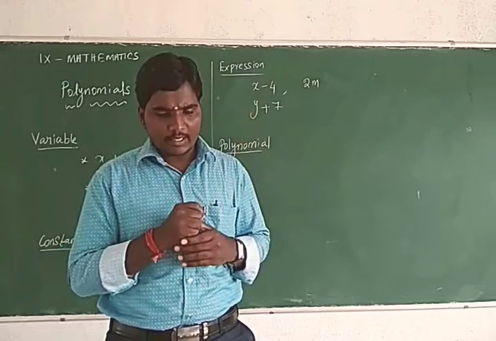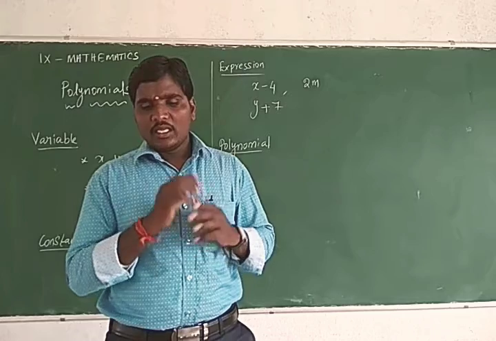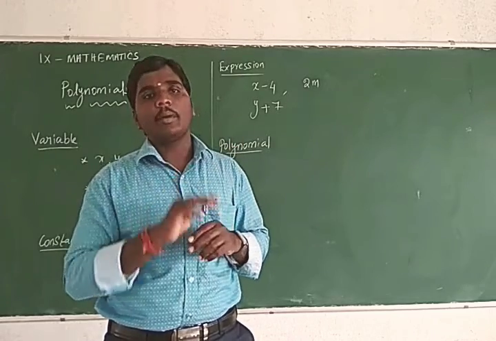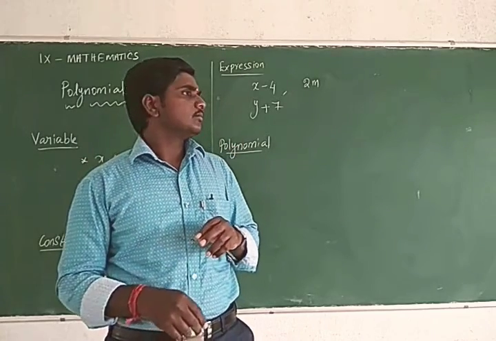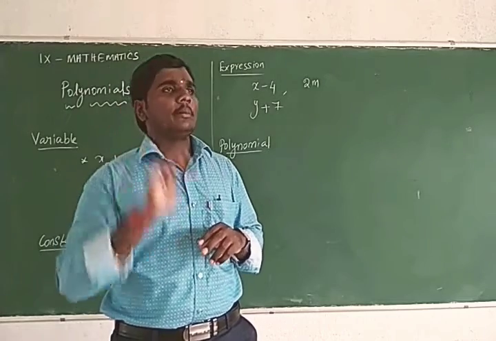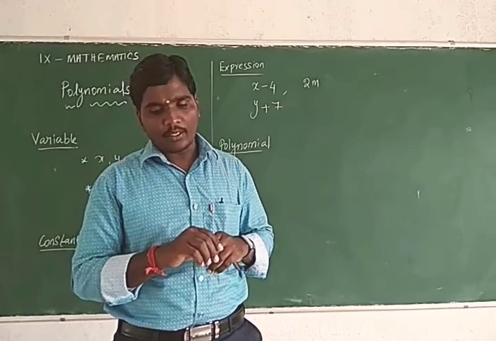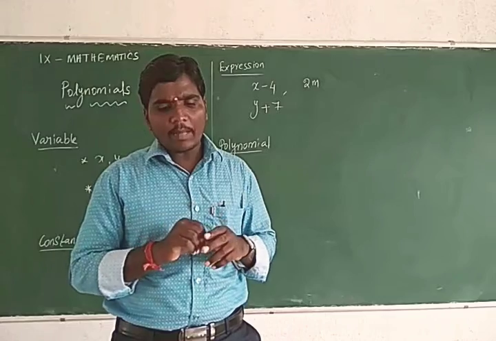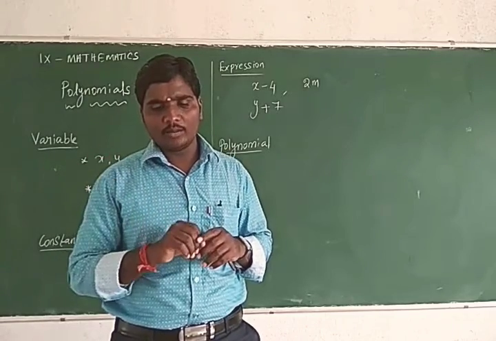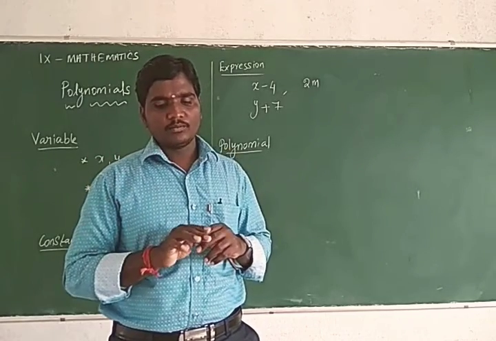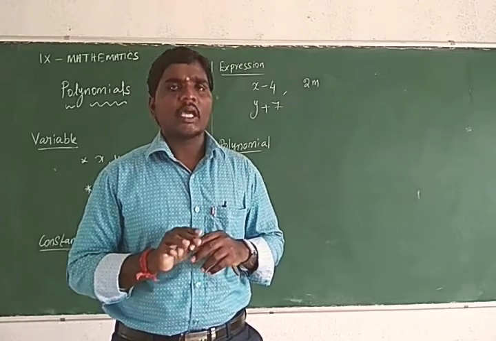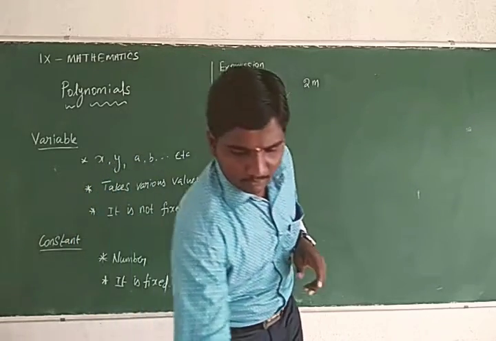The power is a whole number, only a whole number. That is called a polynomial. Only whole numbers as the exponent of the variable. Expressions of this form are called polynomials.